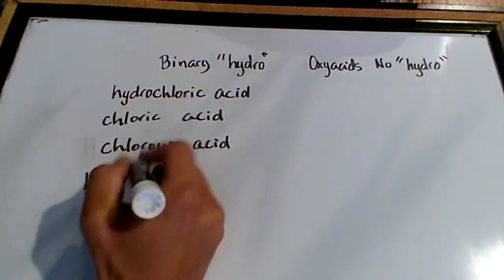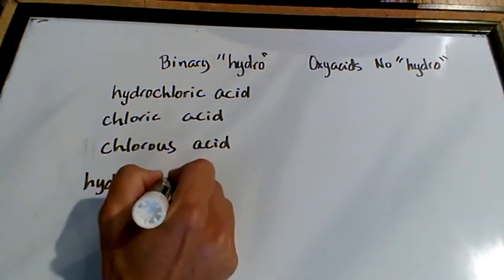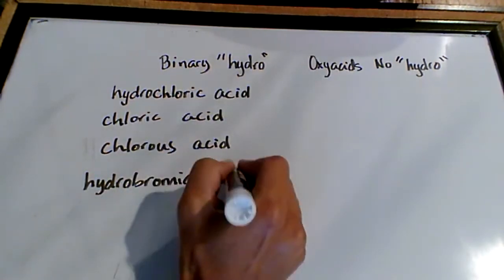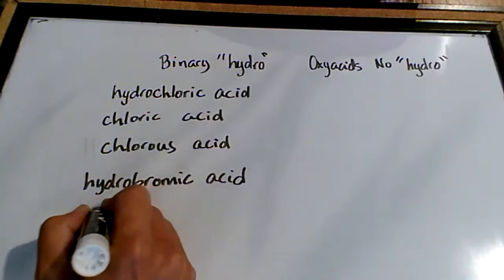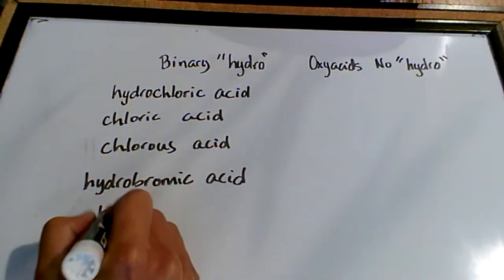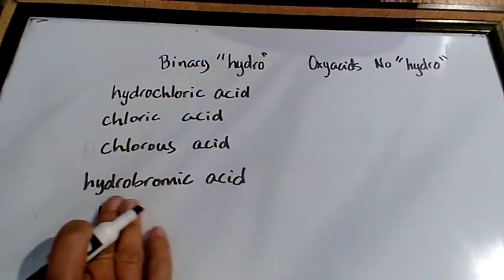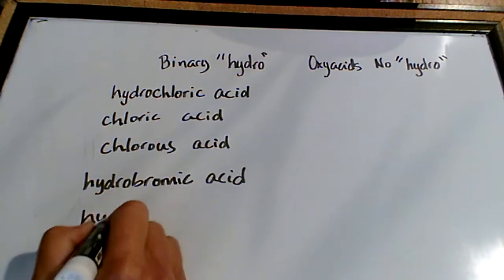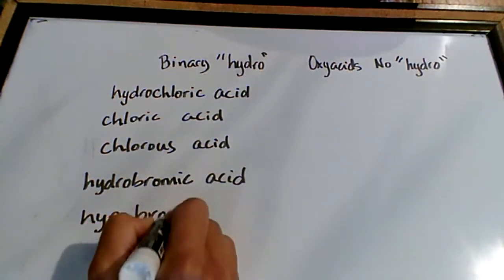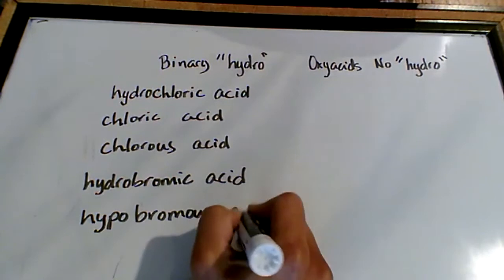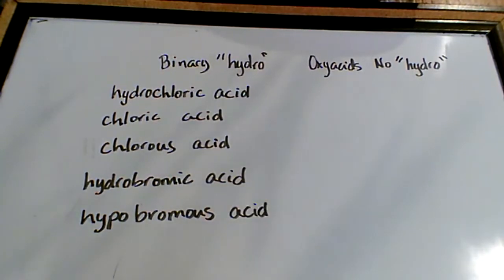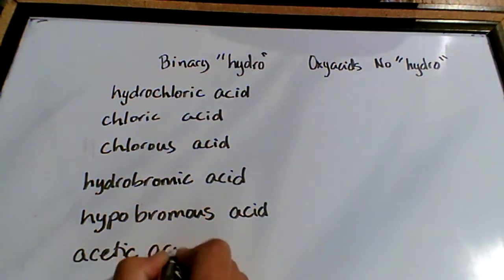Hydrobromic acid. Oops, let me spell that right. Hypobromous acid. And let's do acetic acid, since a lot of students get confused with acetic acid.